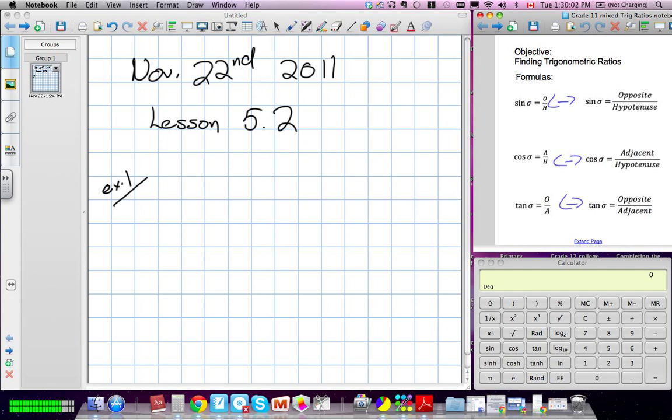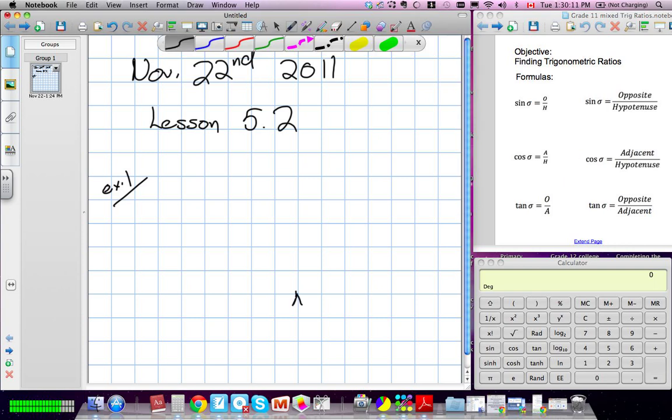Example 1 says a surveyor stands at point S. Okay, so we have our surveyor. He's at point S. Okay, and uses a laser transit and marking pole to sight two corners A and B on one side of a rectangular lot.